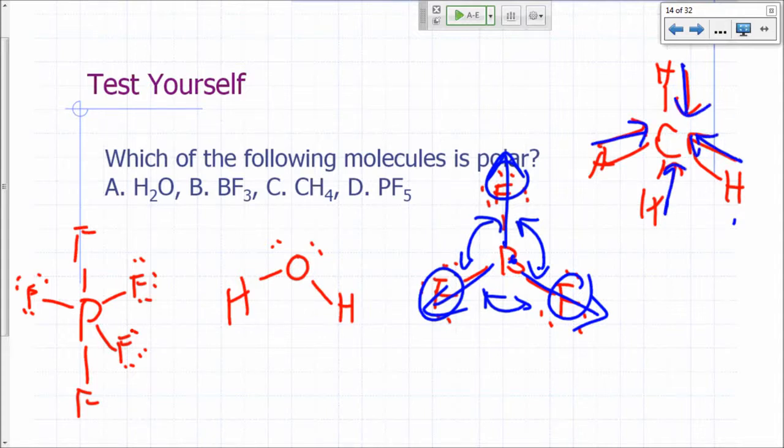But those are very weakly polar bonds, and they're all symmetrically arranged, so you expect CH4 to be a nonpolar molecule. PF5, same thing. You have polar bonds directed towards the fluorine, but all of those polarities cancel each other out.